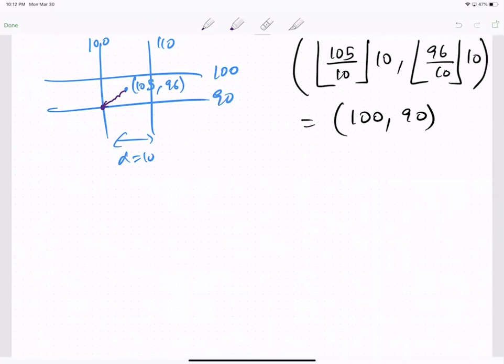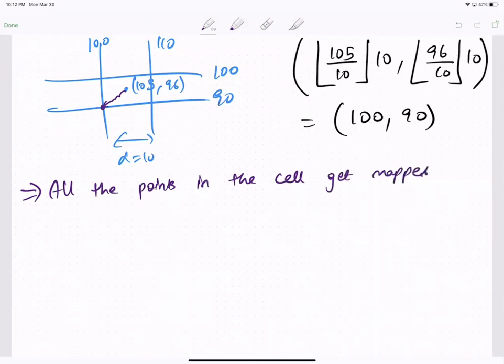So all the points in the cell get mapped to the lower left corner.